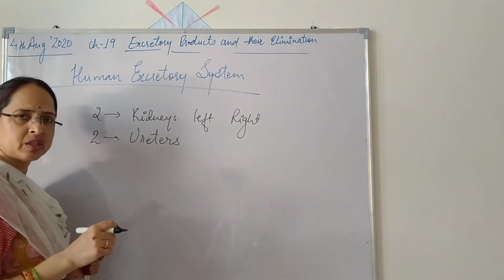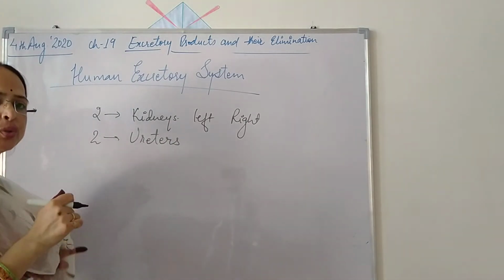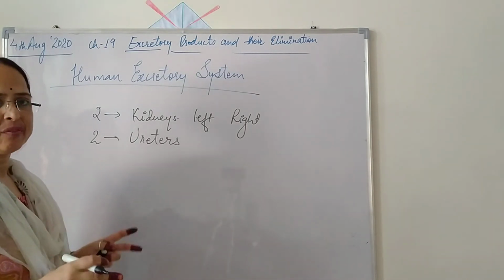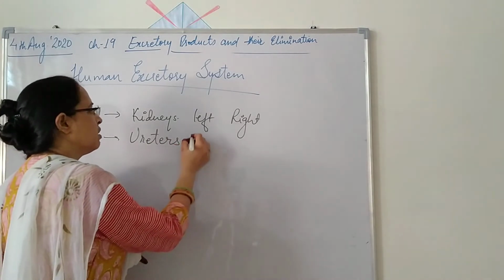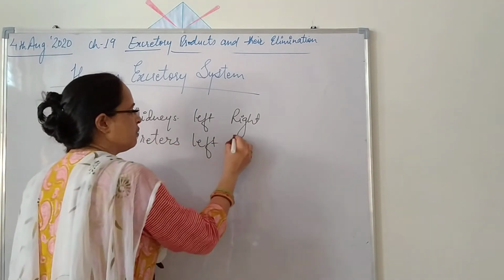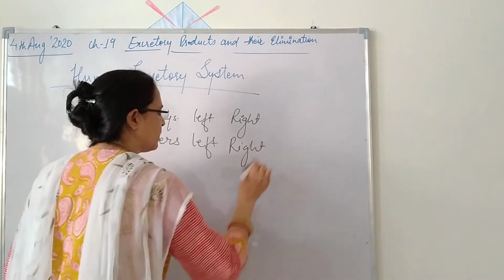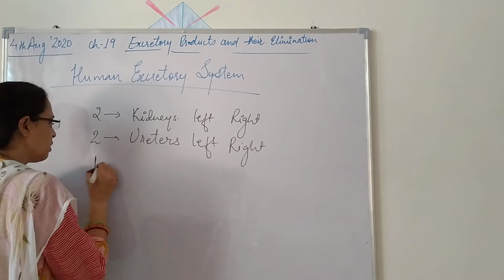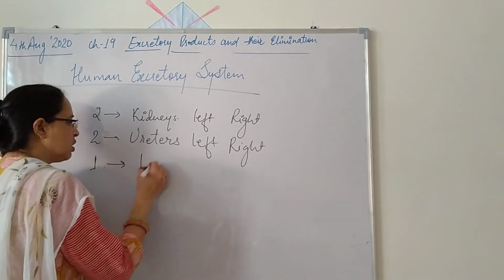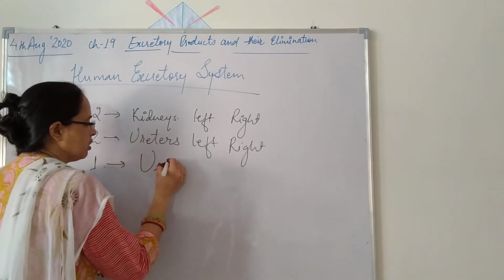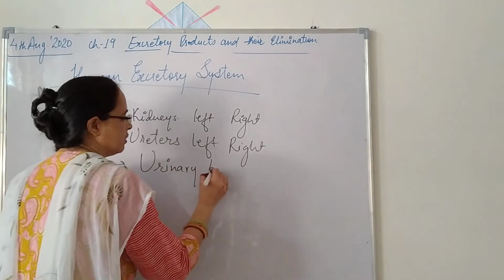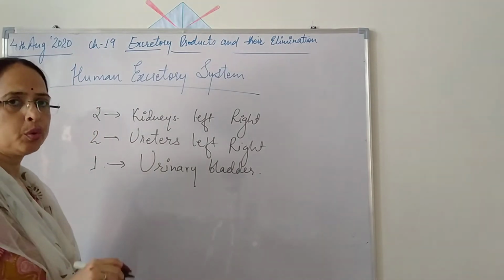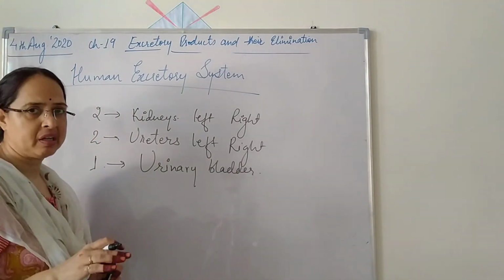these are the tubular structures which bring the urine out from the kidneys. Both the kidneys have ureters, from the left kidney and from the right kidney. These ureters merge in the urinary bladder, where urine is stored, not permanently but temporarily.